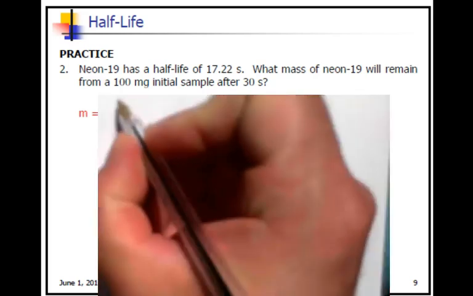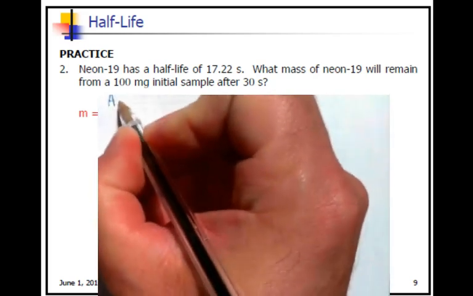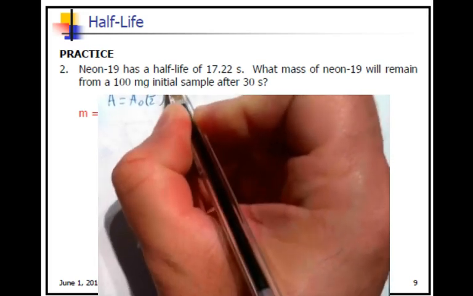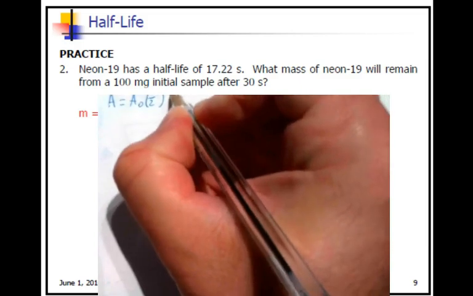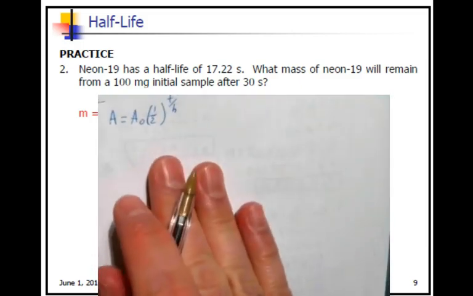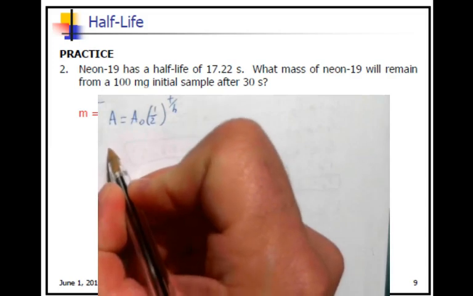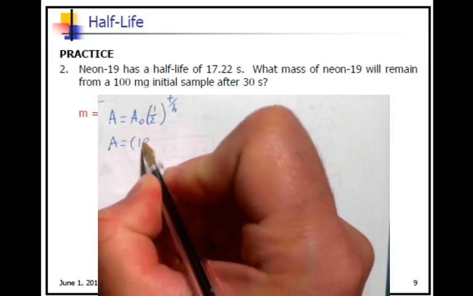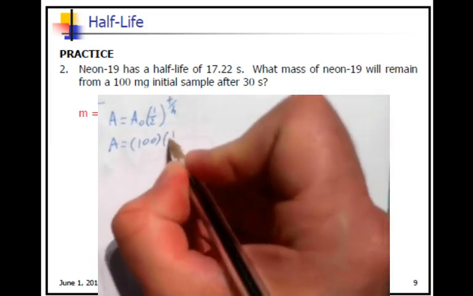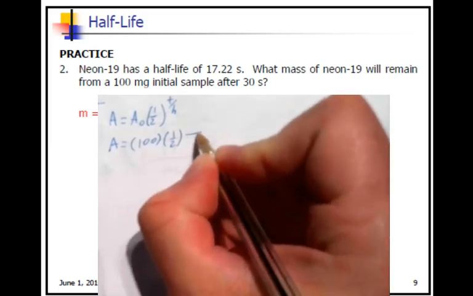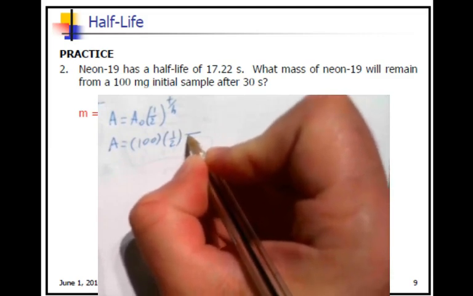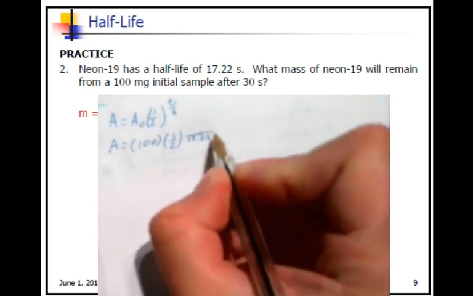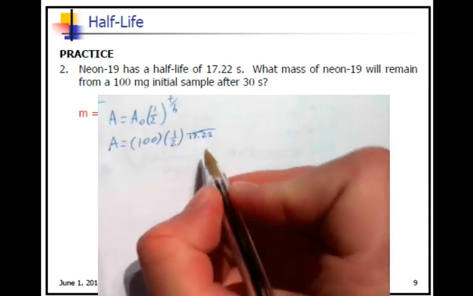If we have A equals A naught times 1/2 to the power of T over H. Sometimes this is given to you as tau, but in this course, we'll use H. So the material is 100 milligrams. Our half-life, sorry, this is supposed to be an exponent, is 17.22, and the time is 30 seconds.